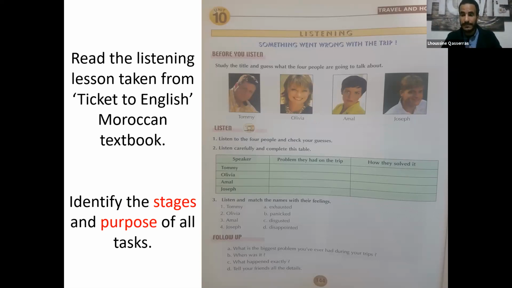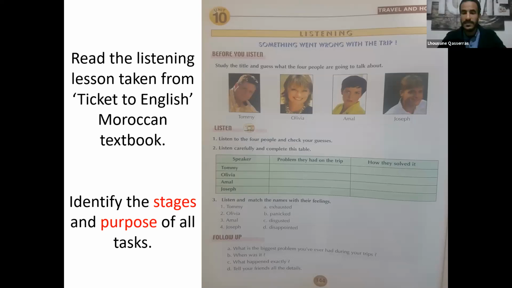You are going to listen the first time and then you complete this table in pairs. 5 minutes. So here we have speakers Tommy, Olivia, Amal, Joseph. Problems they had on the trip and how they solved them. Okay, is it clear?